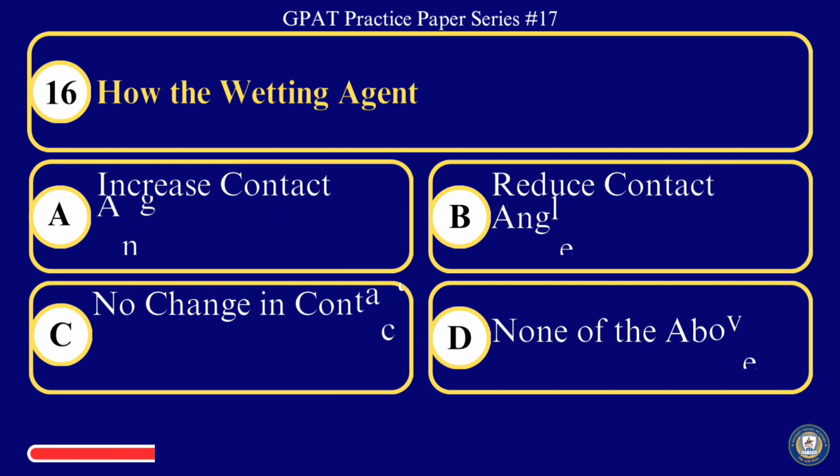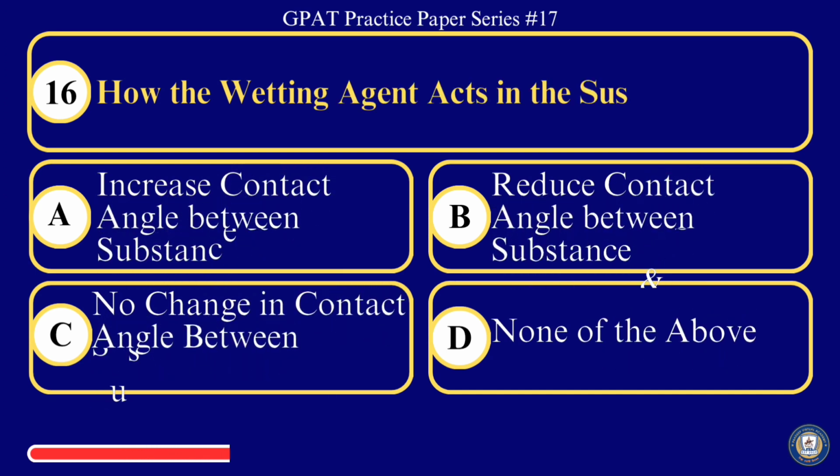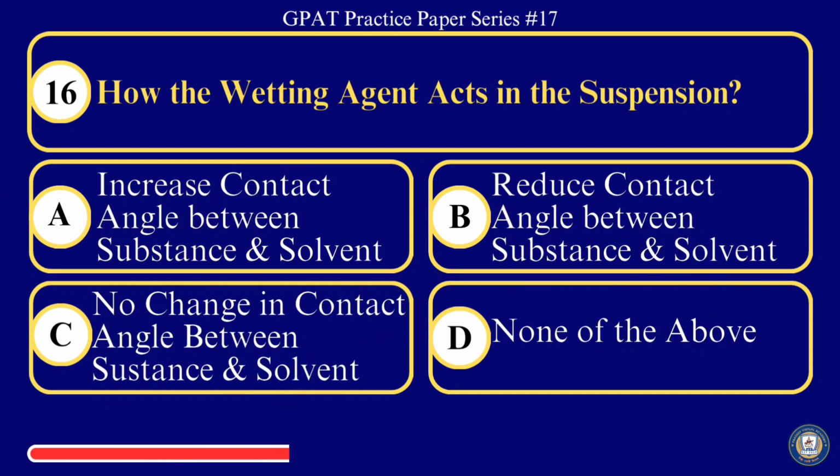Question number 16. How does the wetting agent act in the suspension? Your options are A. Increase contact angle between substance and solvent, B. Reduce contact angle between substance and solvent, C. No change in contact angle between substance and solvent, and D. None of the above.